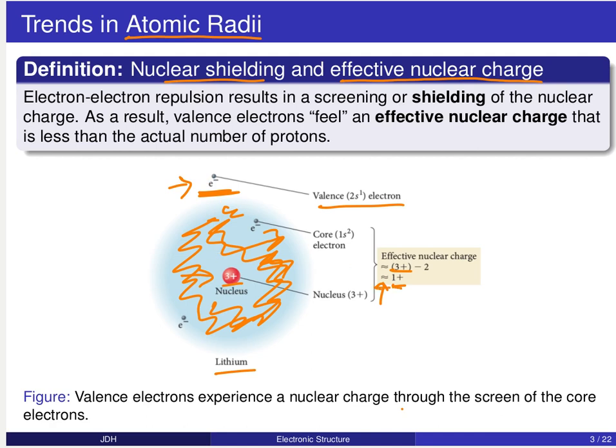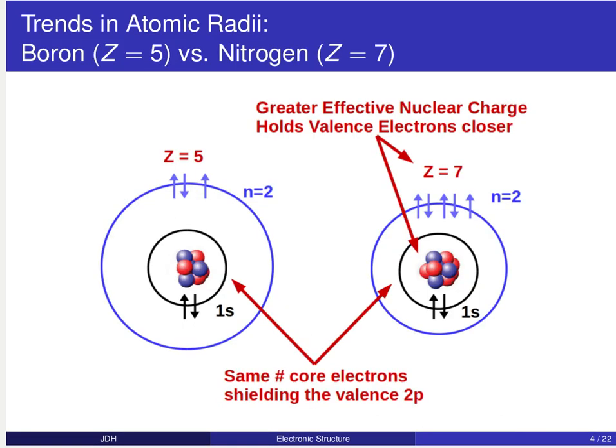So this is very much an approximation. But the point, and really the take-home message, is that these outermost electrons are not going to be quite as attracted to the nucleus as they would be otherwise. And this has some very important implications.